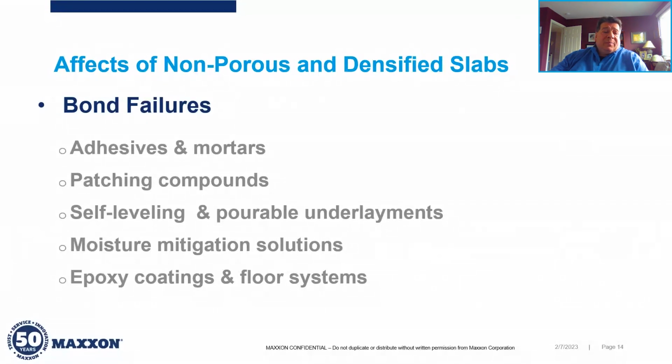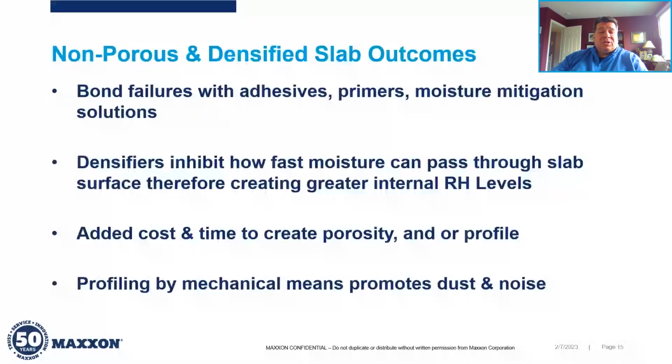And then even epoxy coatings and floor systems that would go over the top and act as a finished floor system. All these things can be affected by trying to apply them over a surface where the pores of the concrete have been closed off.